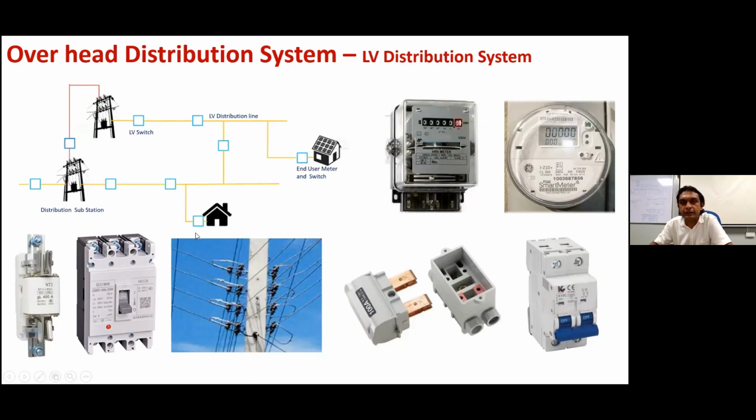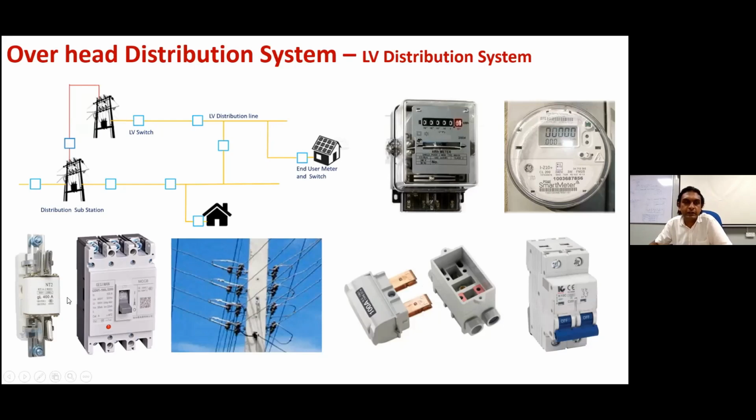At the final end, that means the end user supply feed, with this switch we call a fuse cutout. Earlier we used fuse cutouts. Nowadays utilities have moved to using MCBs. It depends upon the type of the connection: 30 ampere, 60 ampere, single phase, 3 phase.